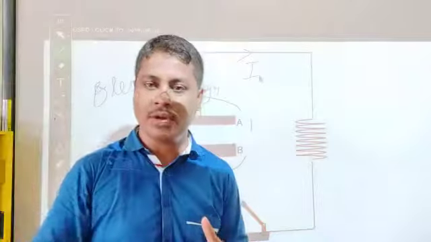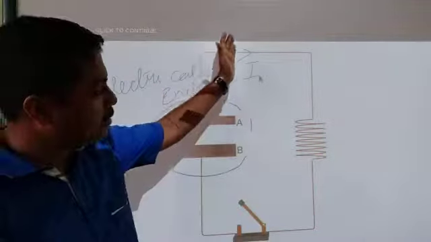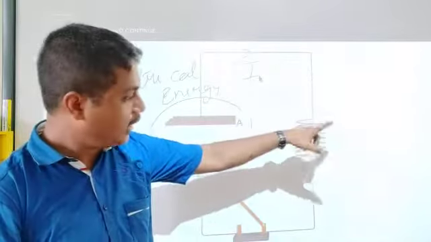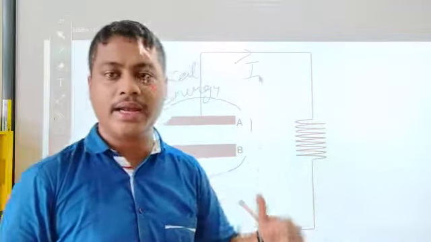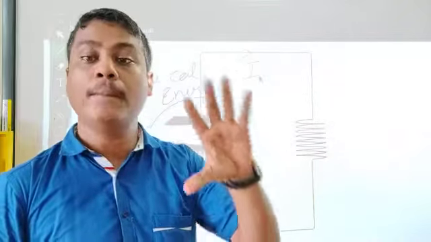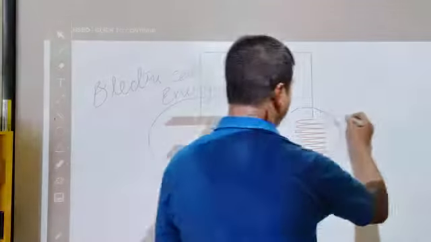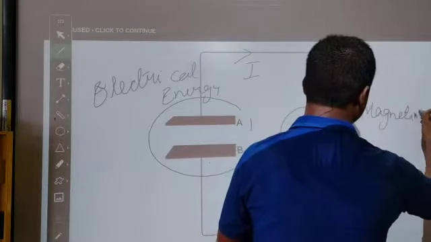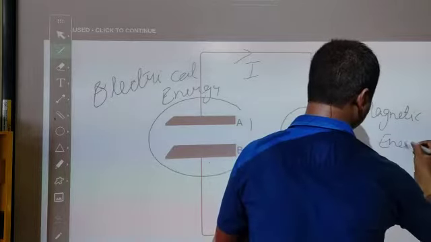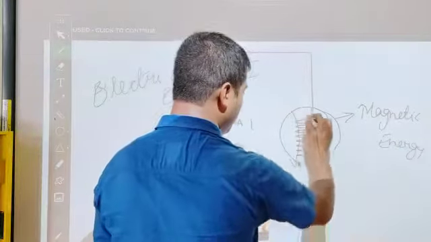We are not going to focus on the induced EMF, we will look at the magnetic field. The current flowing from here flows to the inductor, and the inductor converts that electrical energy into magnetic energy, so a magnetic field will be created here.